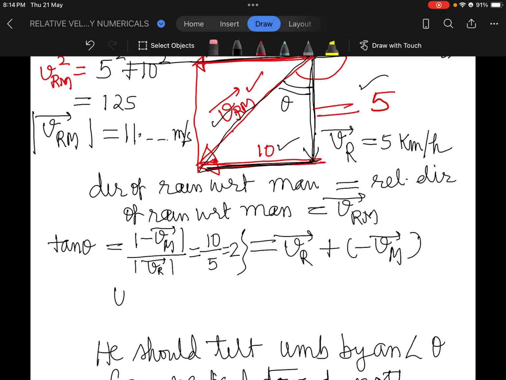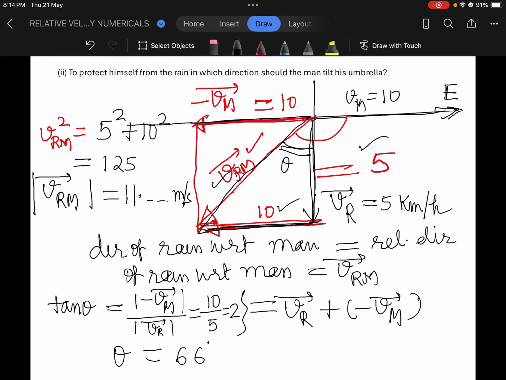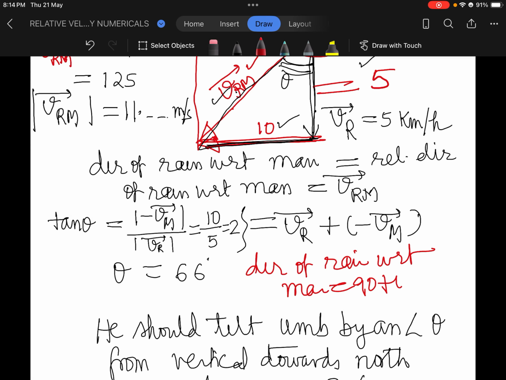You can check from the calculator, it is nearly 66 degree. So what will be the direction of rain with respect to man? Theta plus 90. So direction of rain with respect to man will be 90 plus theta. It's clear.